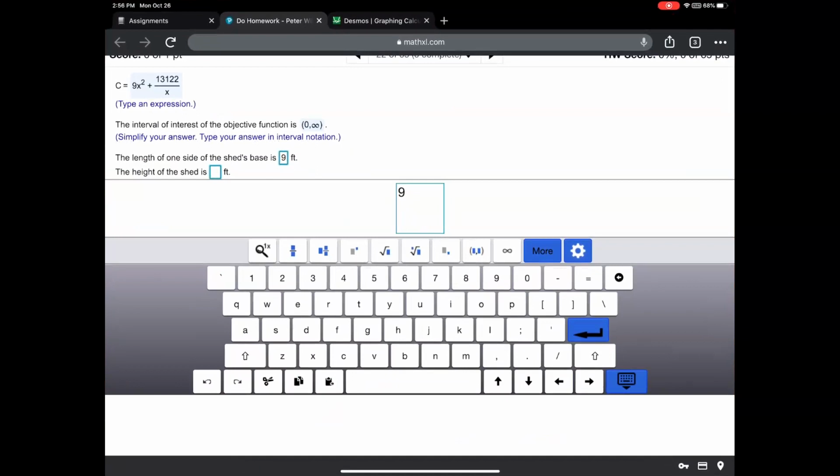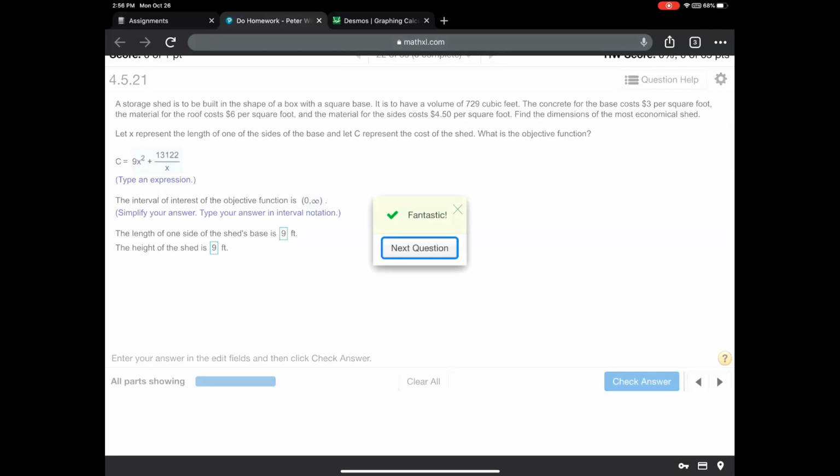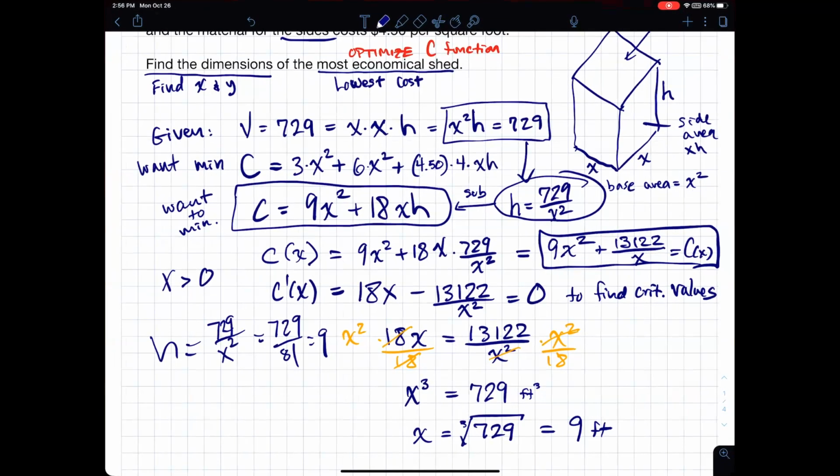So let's go back over here and say that that's also equal to 9. Put the 9 in. 9. 9. There we go. And that's it. So this was the work description for how we got the answer.